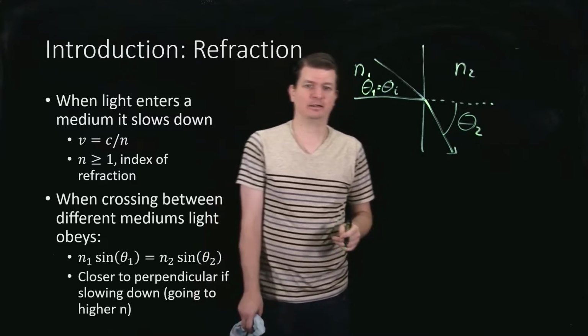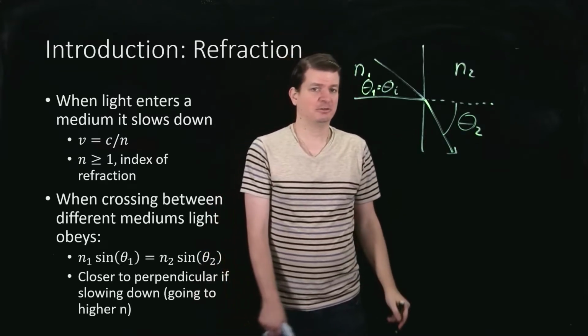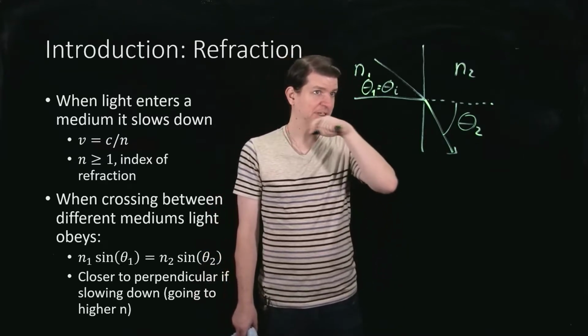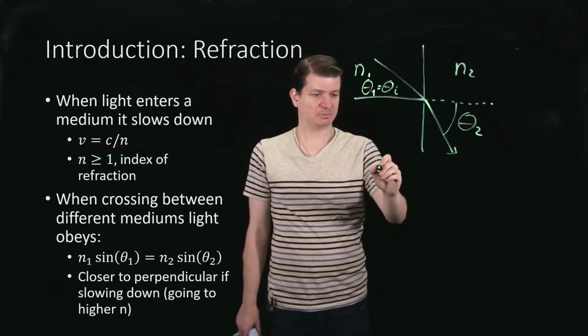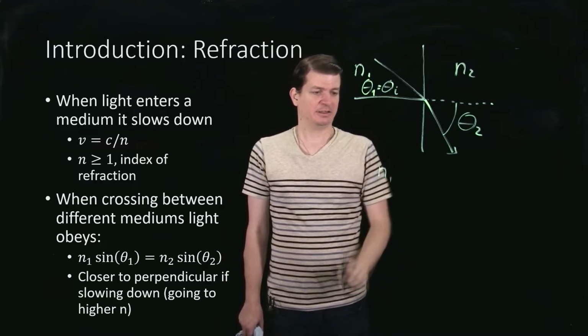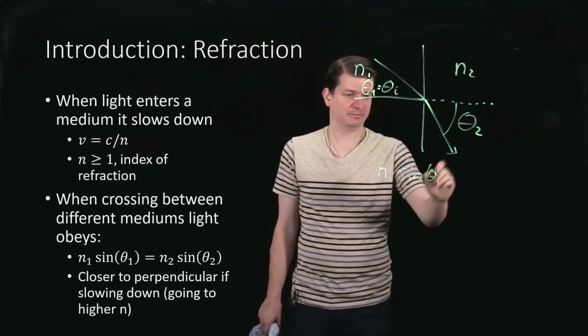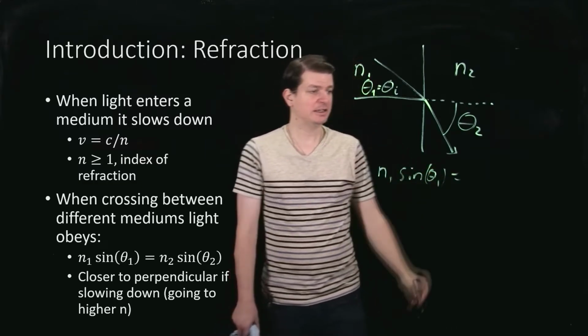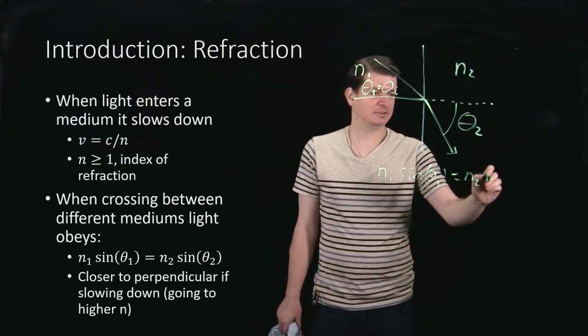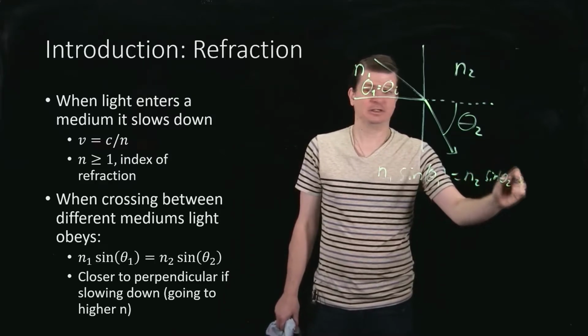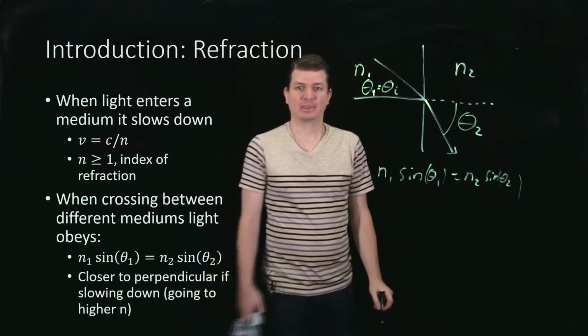Then I've got this nice relationship. It can be shown that n1 times the sine of the angle in medium 1, sine of theta 1, is equal to n2 sine of theta 2, as we've written there.